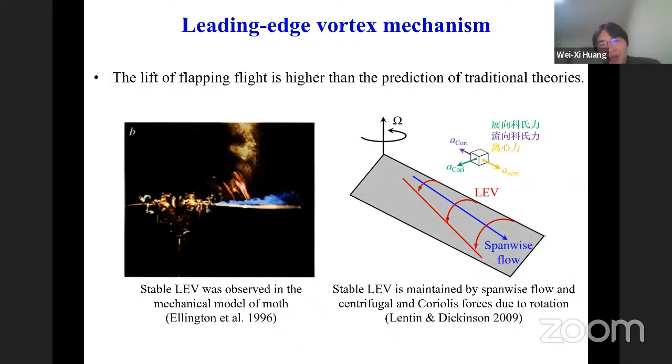It will grow and then shed from the wing. Later on, people found that the LEV can be stably attached by the 3D span-wise flow, and also the centrifugal and Coriolis forces due to the rotational motion.